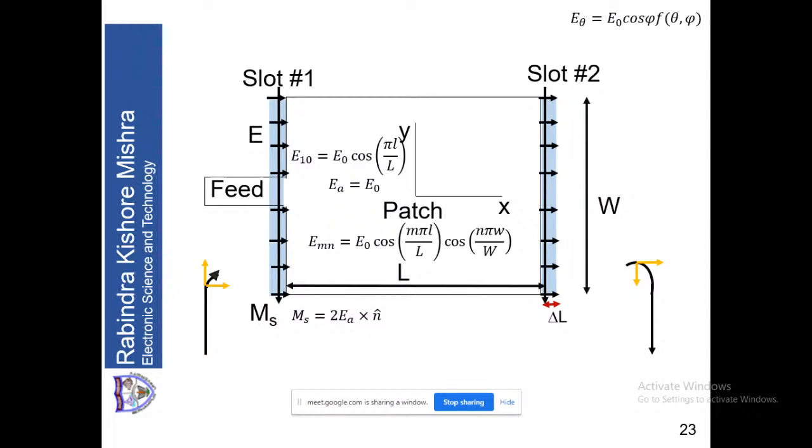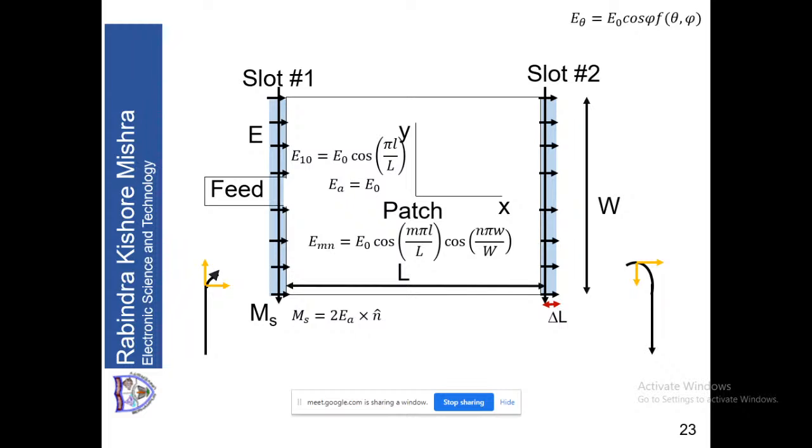The expression for the electric field, the theta component, will be E theta equal to E0 cos phi F(theta, phi). F is the field component, which we'll see. F comes from this MS. Then E theta is that.